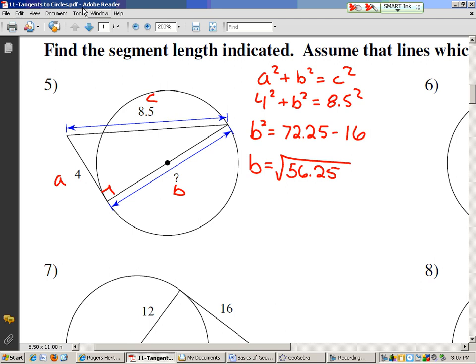And what's the square root of 56.25? 7.5. And was that rounded? It was exact? Okay. 7.5.